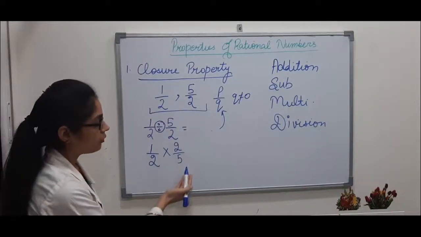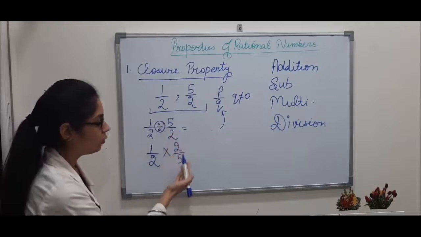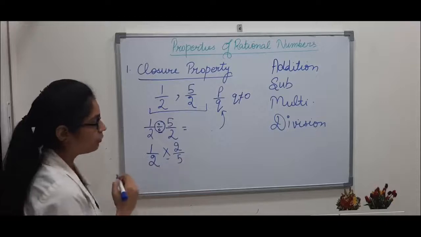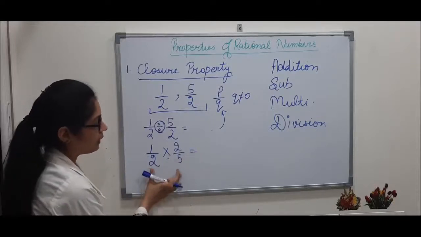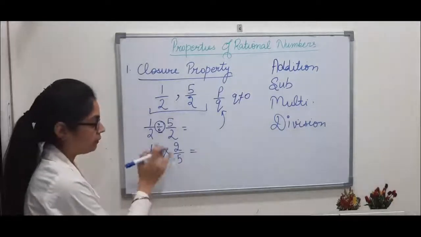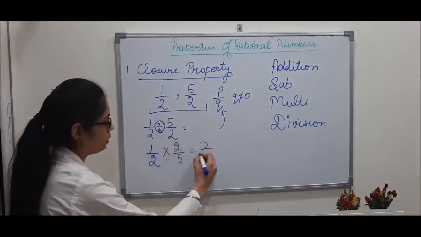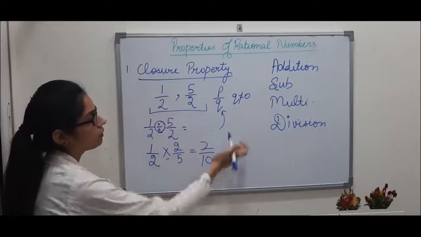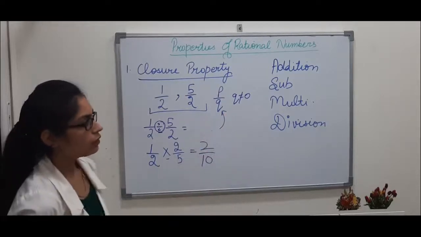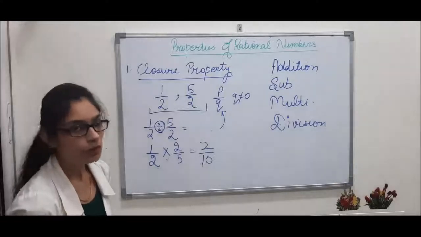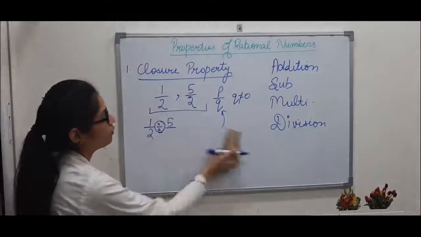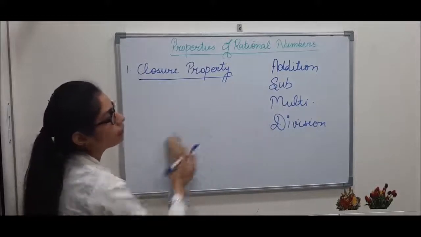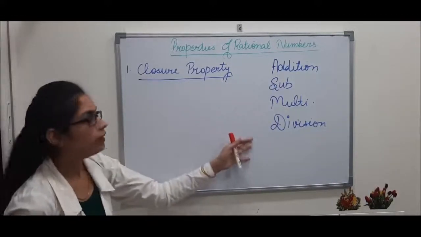Complete reverse of that number. 5 by 2 will be changed into 2 by 5, and this division sign will be changed into a sign of multiplication. Now this sum has become the same as multiplication. 2 into 1 is 2, 2 into 5 is 10. Again I got a number which is in this form, which means division of two rational numbers is also closed. Which means this closure property is verified for addition, subtraction, multiplication and division.